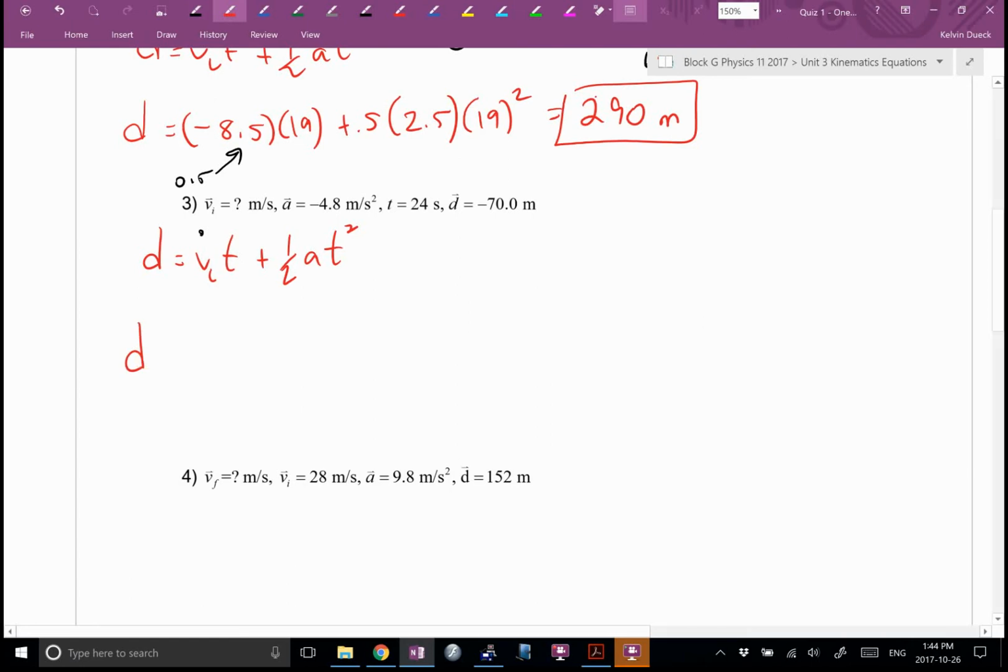I do any adding or subtracting. See the VI? Something is being added to it. What's being added to it? Half AT squared. That whole thing is one thing. Although instead of a 1/2, what am I going to write instead, Ethan? So I'm going to minus a 0.5 AT squared. In my mind, I'm going to see the VIT is still left there. Ethan, how would I get the VI by itself?